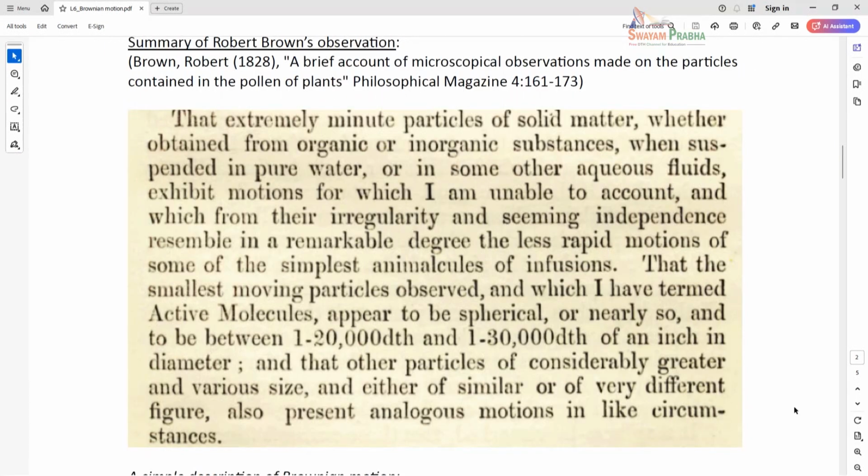So what it says is that he conducted this very long experiment, and then finally he concludes this. Okay, I'll read it for you.